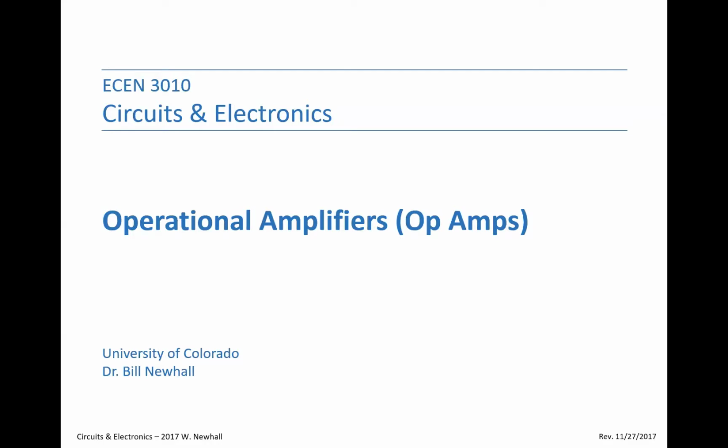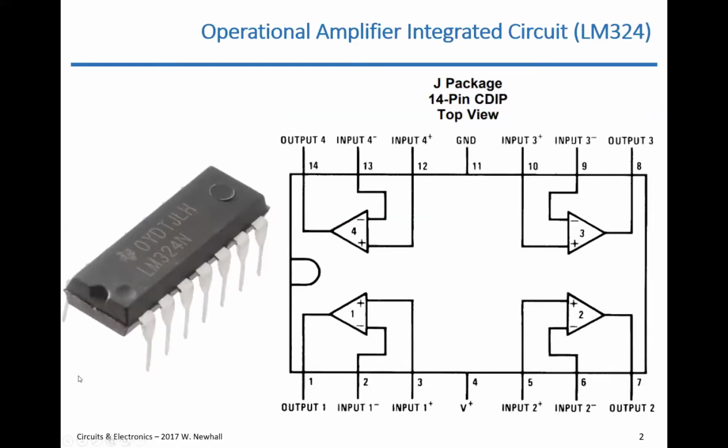And what I wanted to show you is really what the electronic circuit, what the integrated circuit looks like for an operational amplifier. This is an op-amp. This is a chip. This integrated circuit has op-amps inside, and it actually has multiple op-amps. So this is a package that fits on a circuit board or a breadboard.